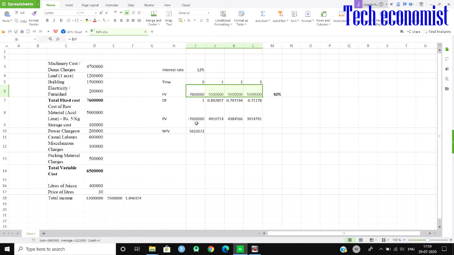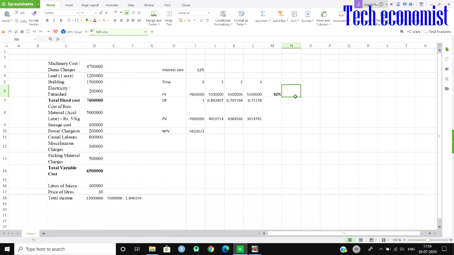For estimating the NPV, there is the present value. If you are getting around 55 lakhs in the future, what would be the present value of that future money? How to estimate this? There is a simple formula: 1 divided by (1 plus r) power n, where n is the year.